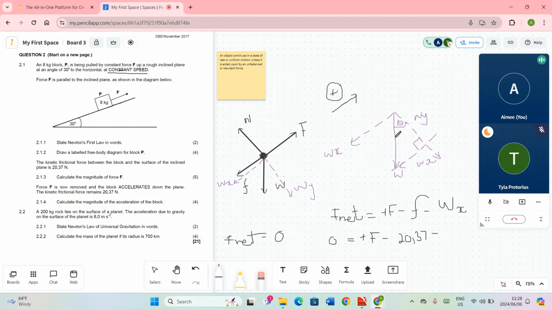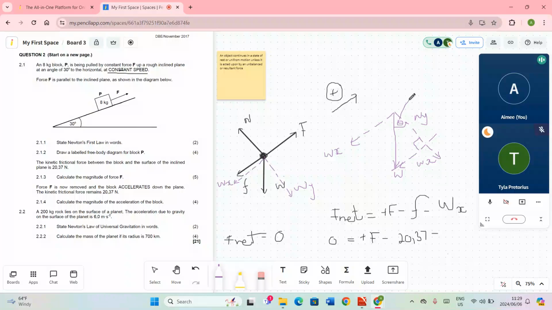So if they haven't given you a theta for this section and you need it to calculate, for example, like we have to do now, the horizontal component of your weight, you know that the angle between weight and its vertical component, otherwise known as its y component, will be equal to the angle of the slope.